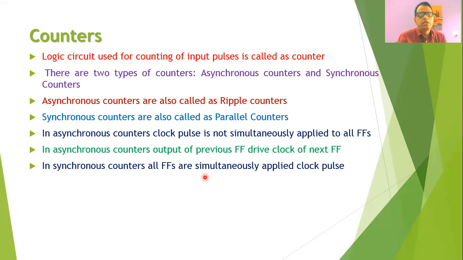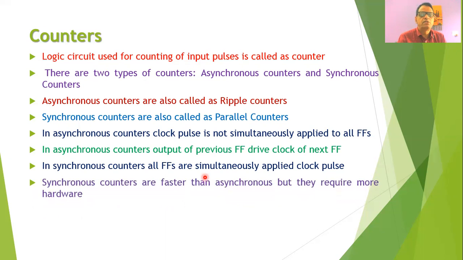Therefore, we can say that synchronous counters are faster than asynchronous counters. But synchronous counters are difficult to design, and they will also require more hardware, that is, more gates than asynchronous counters.